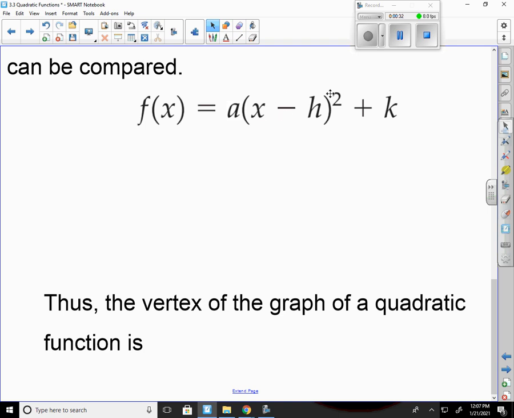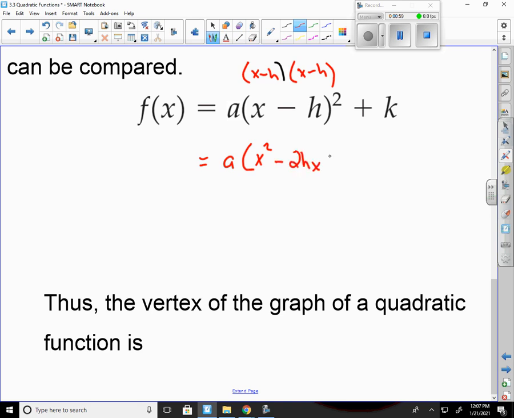So first I have to multiply this x minus h squared out, which means this is x minus h times x minus h. So that would give me a times x squared, and then it's minus hx minus hx, so that's 2hx, and then plus h squared, because it's a negative h times a negative h, plus k.